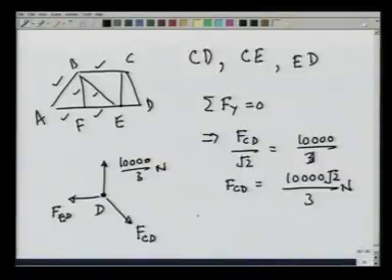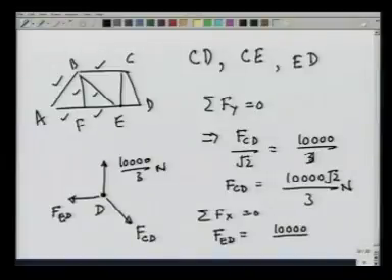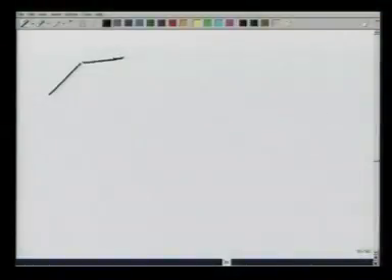And therefore, again by summation Fx equal to 0, I will get that FED is equal to 10,000 over 3 newtons. So, immediately we have found the force in this member as well as this member. The only member now left is FCE. Let us now calculate the force on the member that is now left, that is FCE.